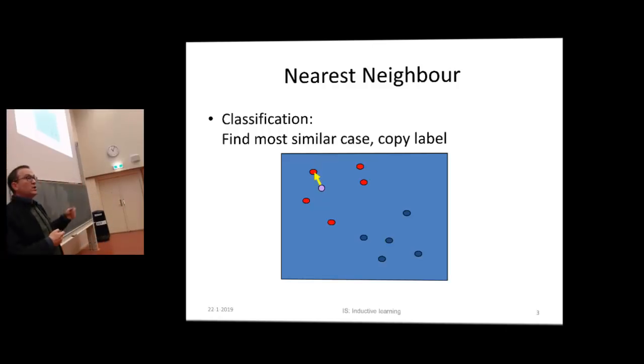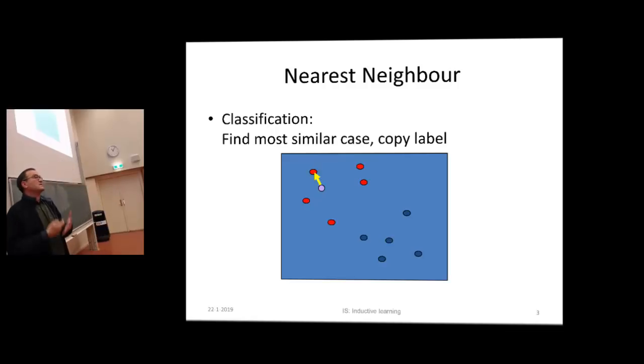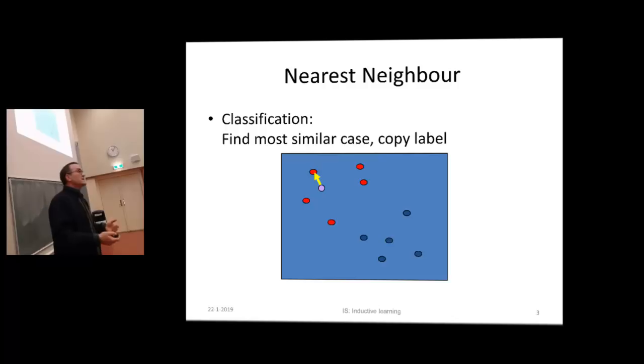In a more mathematical way, you look at the distance to the nearest neighbor, and you give your instance the class of the nearest neighbor. That's the very simple version of this algorithm: you just assign the value of the nearest neighbor.